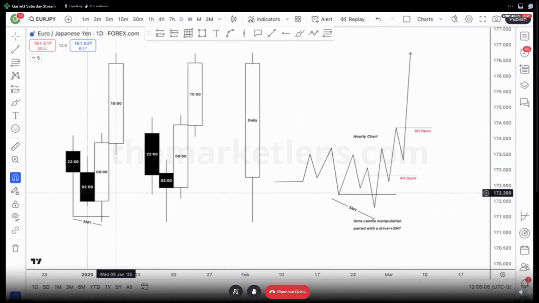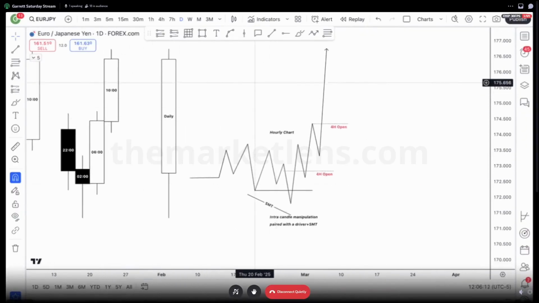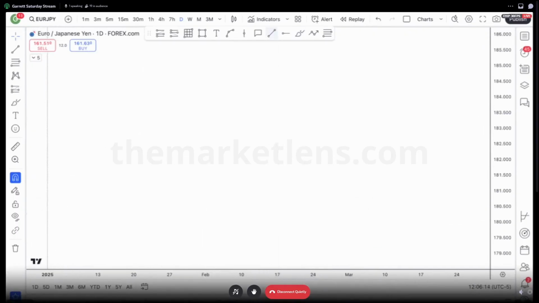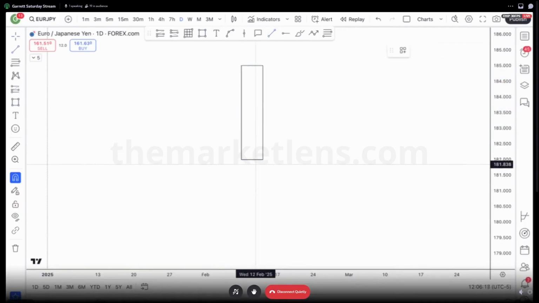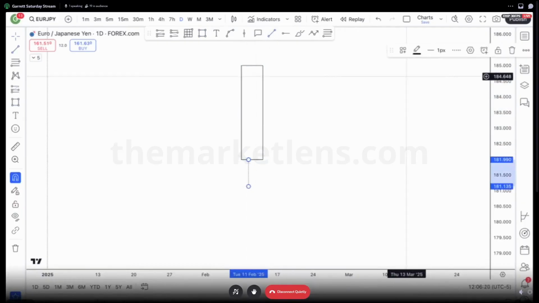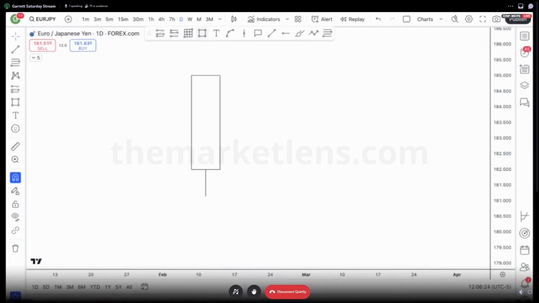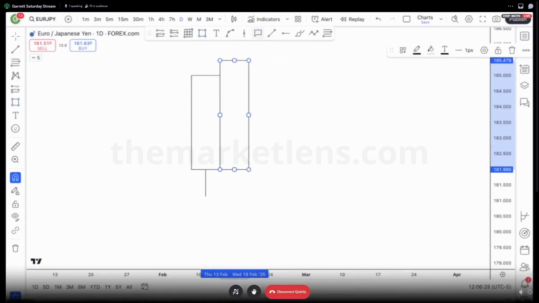First, let's go over how a reversal candle forms and the ones that we can trade. There are really two ways a reversal candle forms. Let me just draw this real quick. This isn't very important to know, by the way.